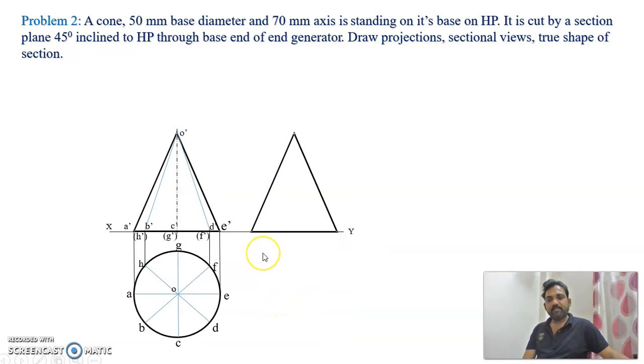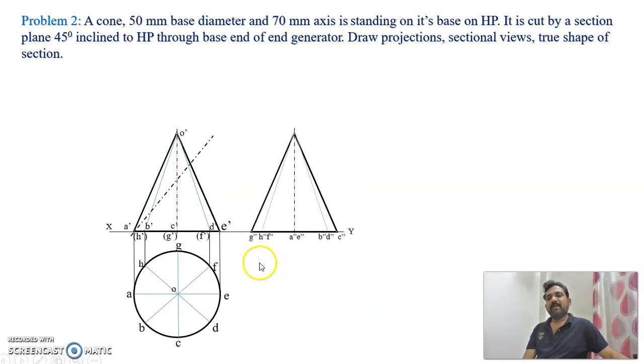So name the points. Here G dash will come on the 45 degree line and then get projected upward, so it will become G double dash. In the same way H and F will come on the 45 degree line and get projected upward, becoming H double dash and F double dash. Like this, project all the points.